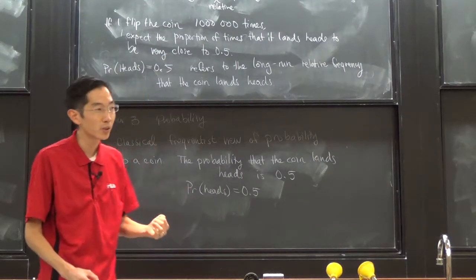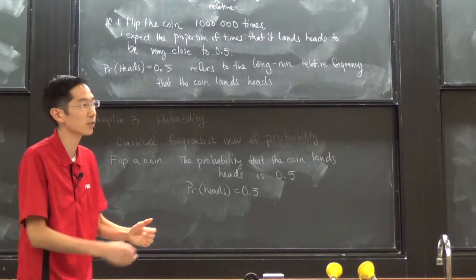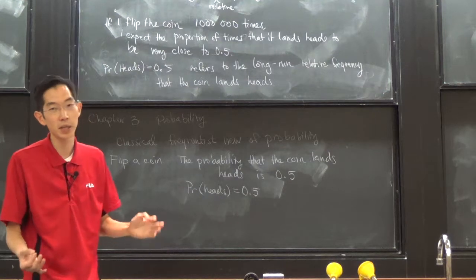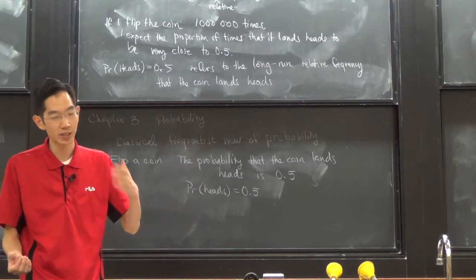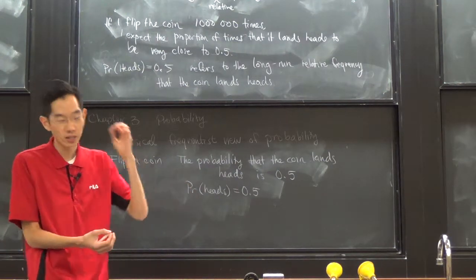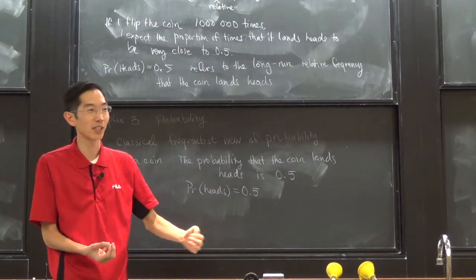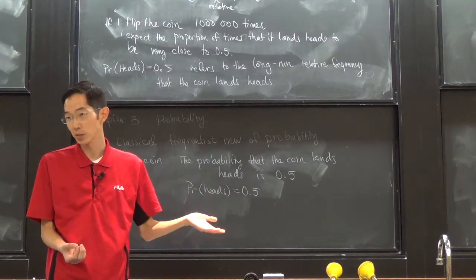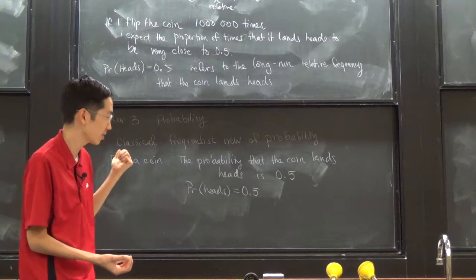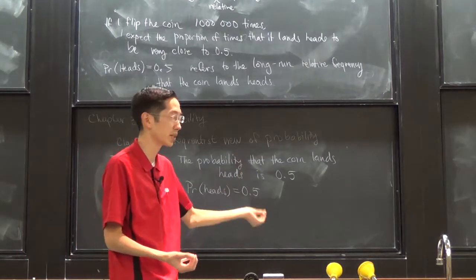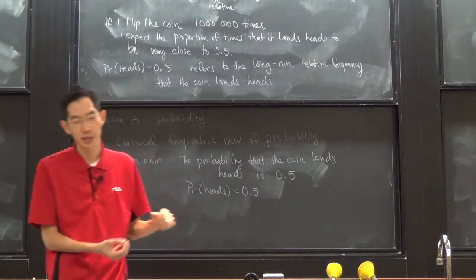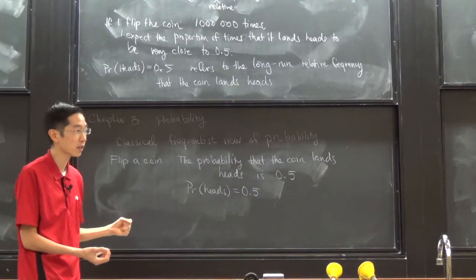Even though it might be practically impossible to actually flip a coin an infinite number of times, it's easy for our brains to imagine flipping a coin many, many times. It works well for rolling a die, picking a card out of a deck, all of these types of things.